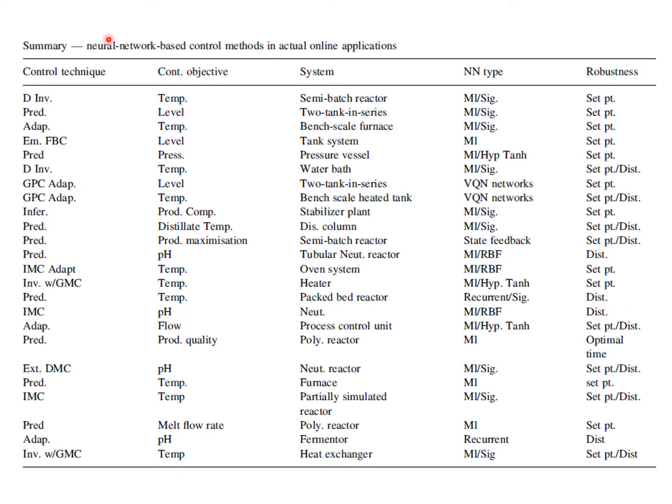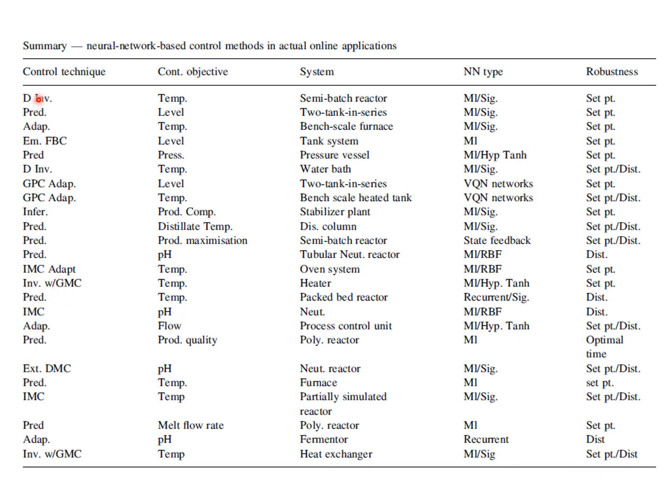These are actual online applications that have been used mostly on the lab scale and also some pilot plant, using the direct inverse, predictive, adaptive, the embedded controllers, the GPC, predictive control methods, inferential methods, the GMC, generic model control, and so on.